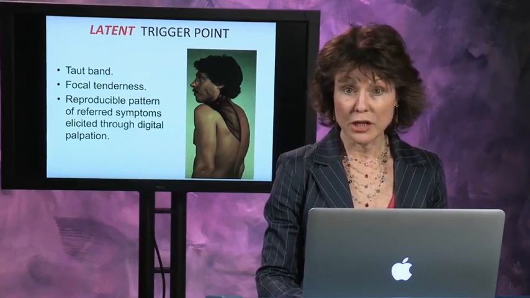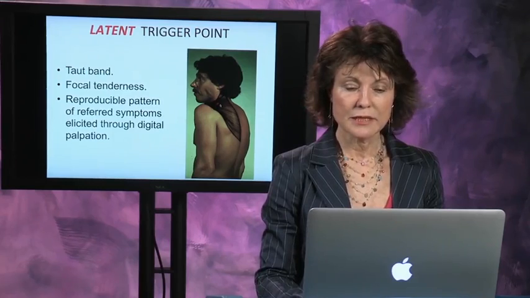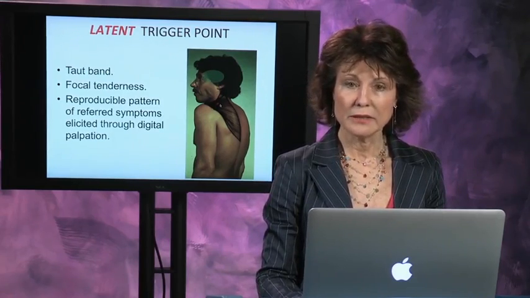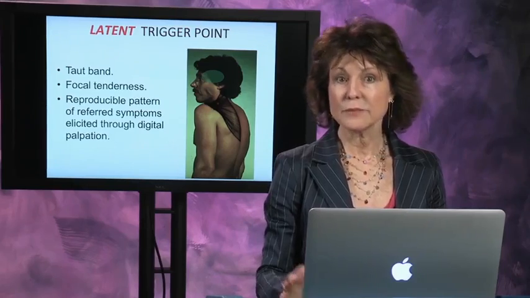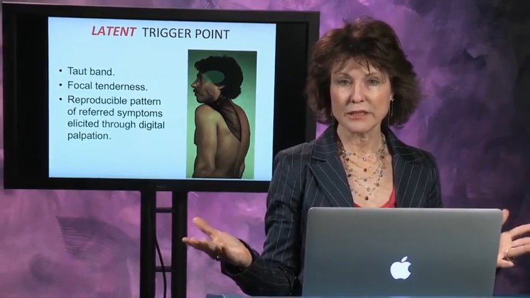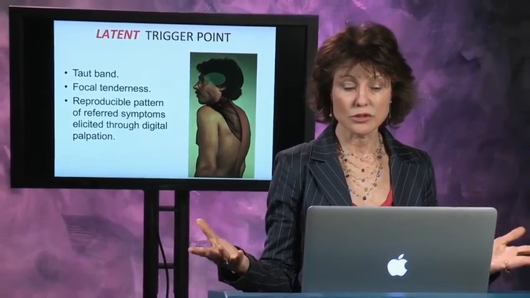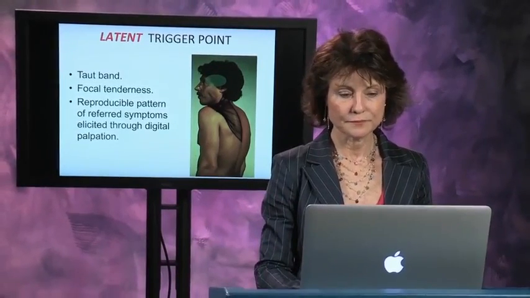With proper palpation, however, we will see the referred pain emerge. And trigger points often vacillate between active and latent states, depending on how much mechanical or emotional stress is placed upon them.